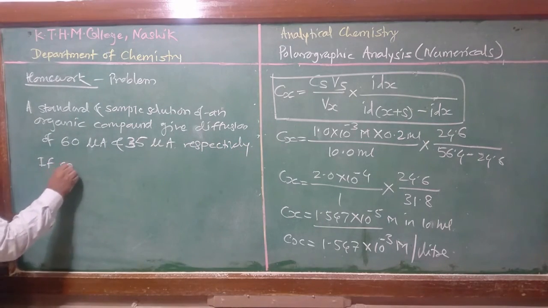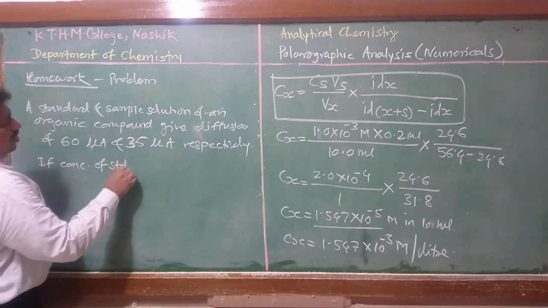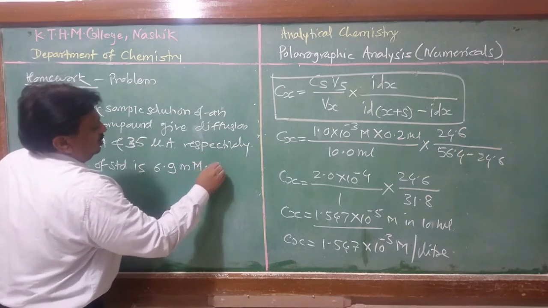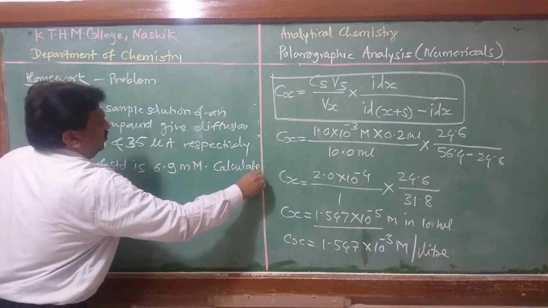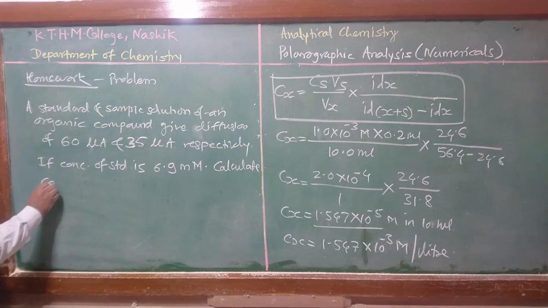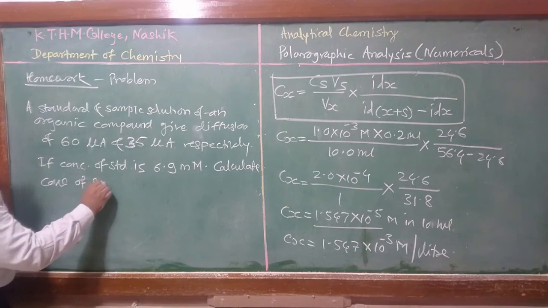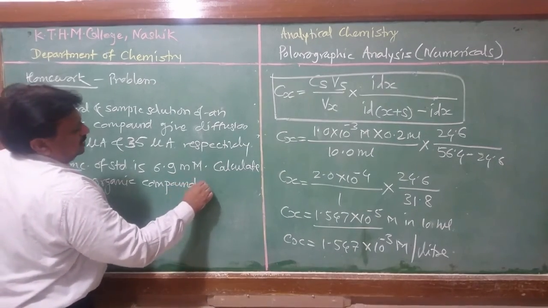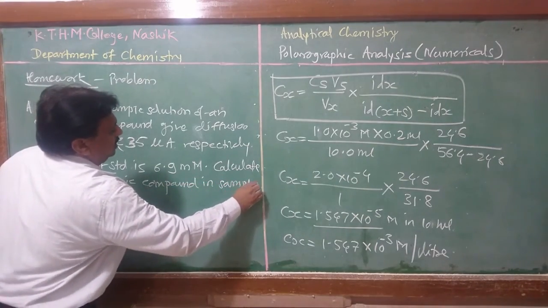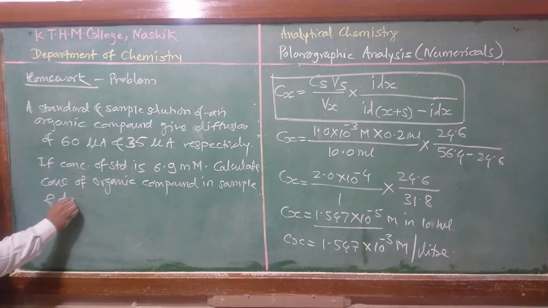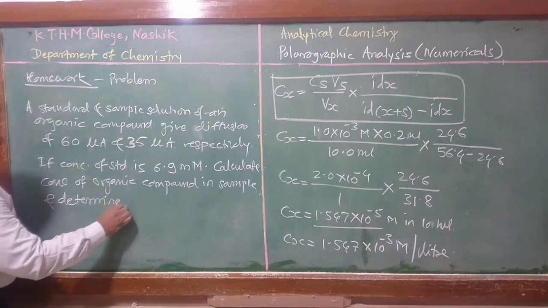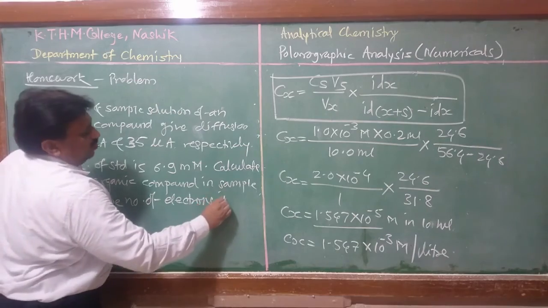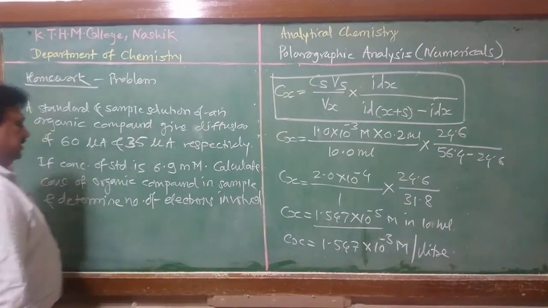If the concentration of the standard organic compound is 6.9 millimole, calculate the concentration of the sample, the concentration of the organic compound in the sample, and determine the number of electrons involved in the reduction process.